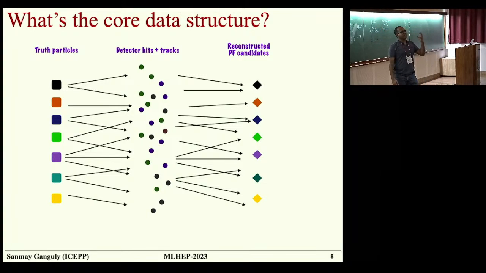So when we have a notion in a real experiment of reconstructed hadrons, that reconstruction algorithm takes inputs from some part of the detectors, some part from the tracker, etc. So there is an overlap of all this information, and a sharing of information between all these algorithms. You can see this automatically makes it a set-to-set problem where different nodes of a set have overlap. And the structure we need to construct is something called a hypergraph.